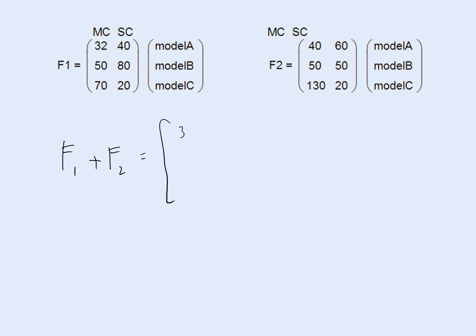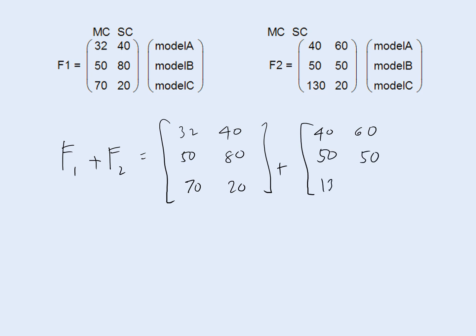So that will be 32, 40, 50, 80, 70, and 20 plus 40, 60, 50, 50, 130, and 20. Both are 3x2 matrices, and the sum will also be a 3x2 matrix.